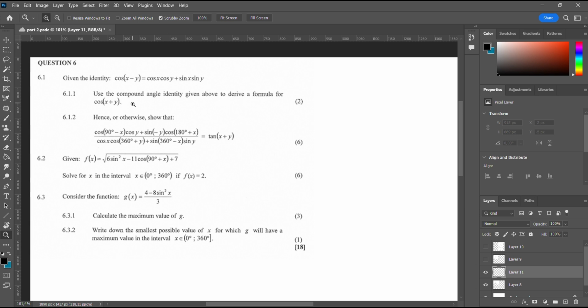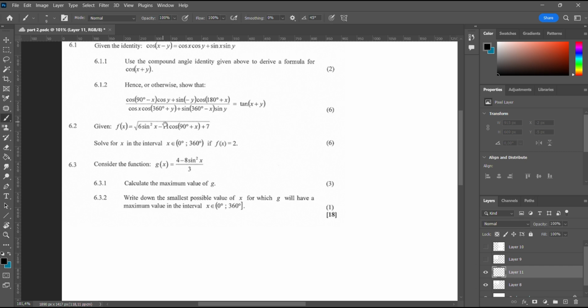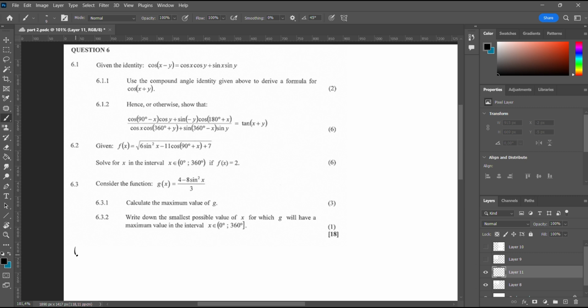So don't write the identity, use the one that is above to get the answer. So let's jump into it. 6.1.